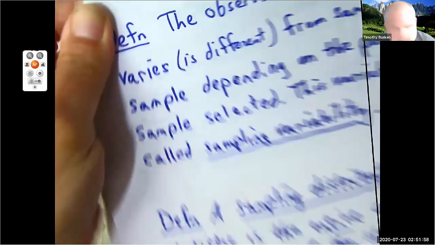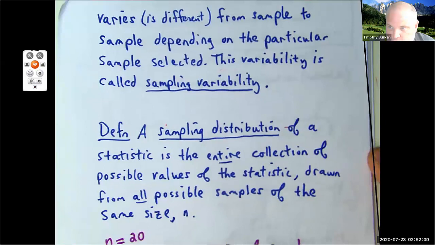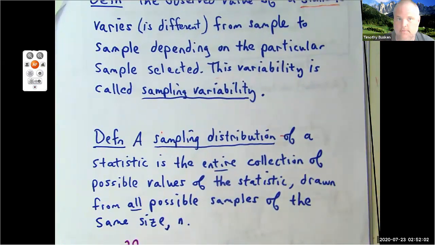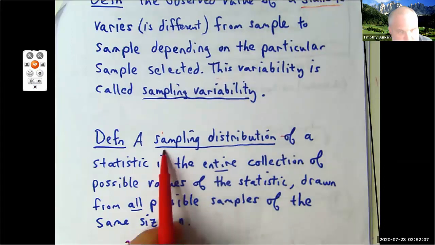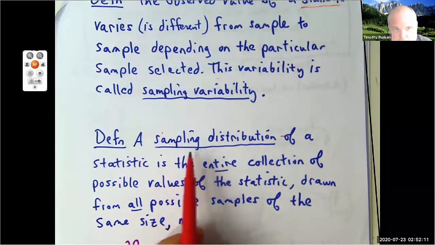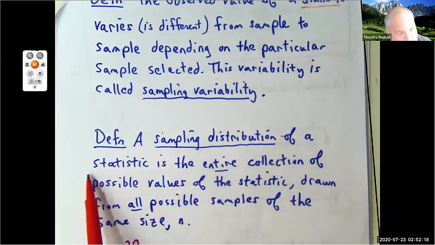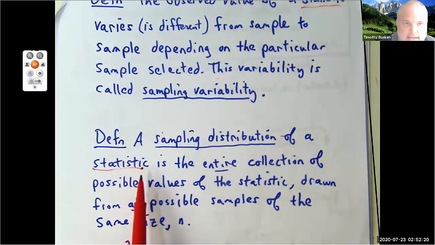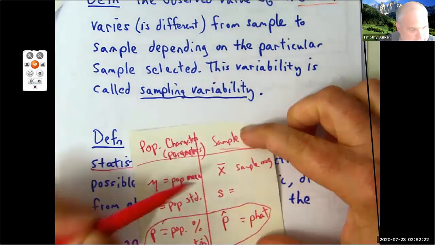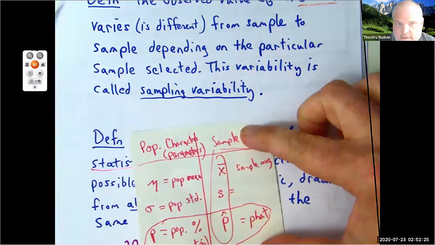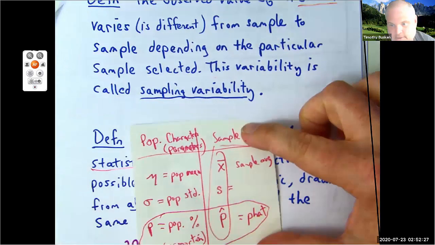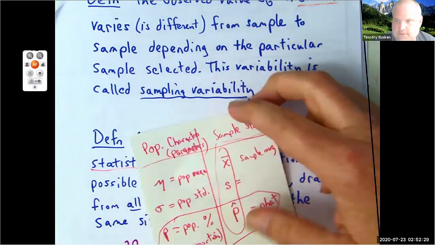So here's your definition of what a sampling distribution is. This is a general definition, and we're going to get down to specifics because there's different types of sampling distributions, and we're only going to begin by working with one type. So here it is, a sampling distribution of a statistic. That is a collection of one of these three values, or later there's 6 values, but for now let's focus on these 3.